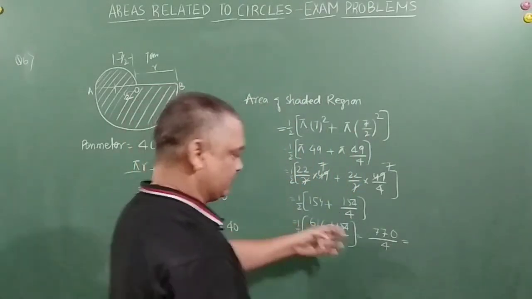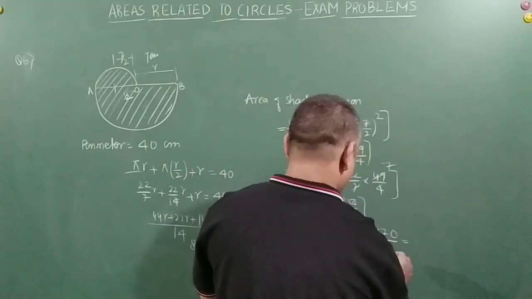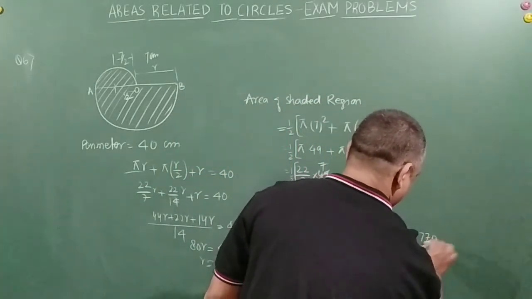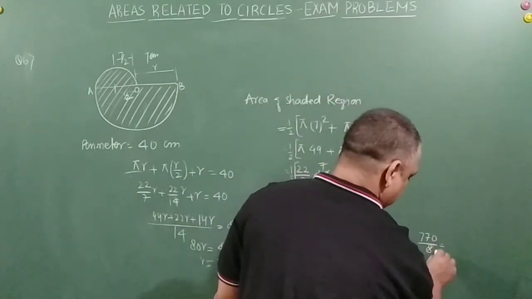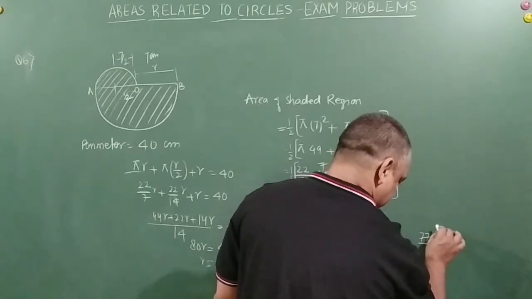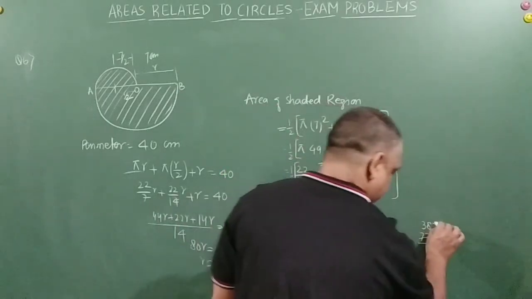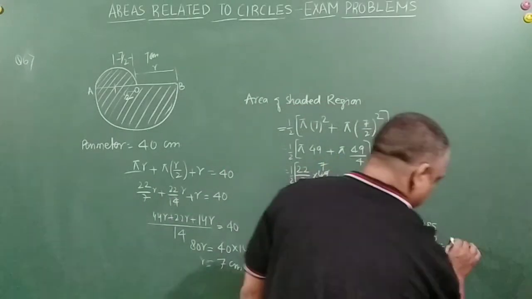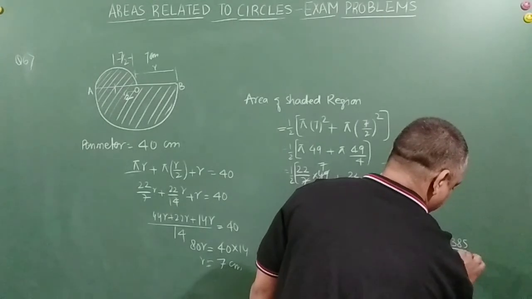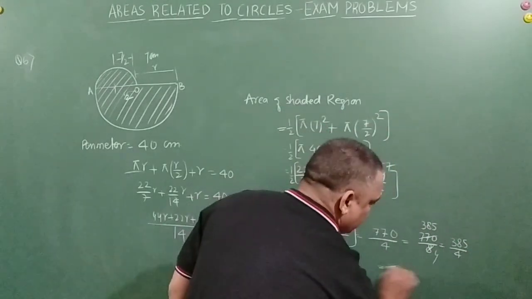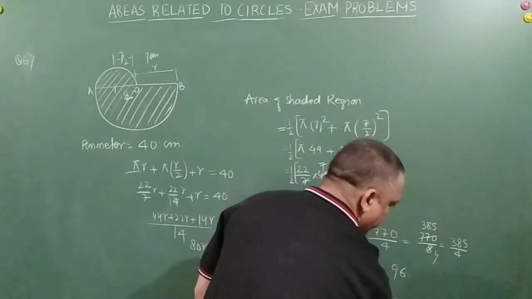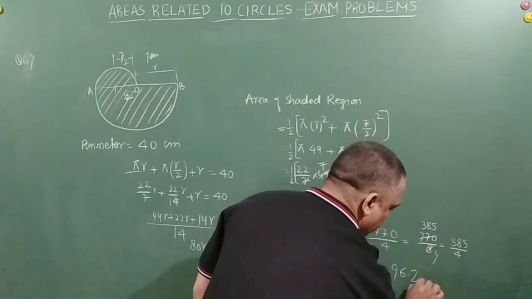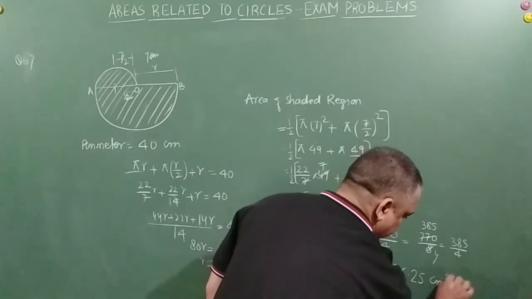The half is outside, so this becomes 770 by 8, right? So 4 2s are 8, and 38, 76, 385 by 4, yeah, 385 by 4, which is equal to 96.25 centimeters square.